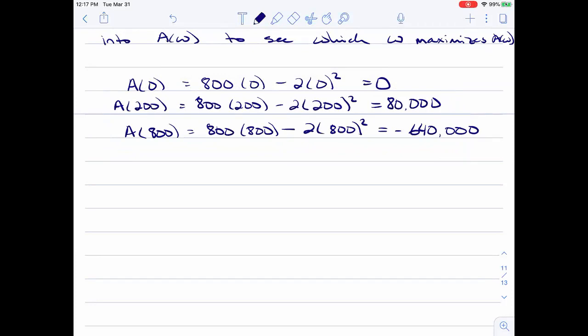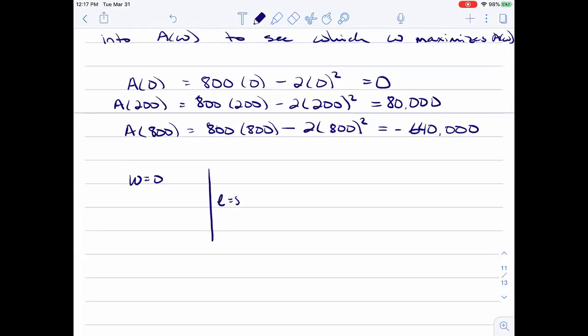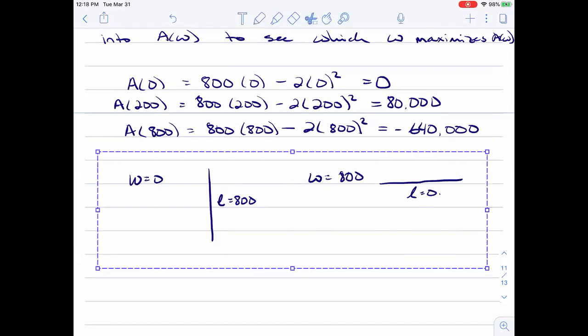Oh, whoops. What was my mistake here? When I drew out my little sketch for A of 0, W equals 0 would look like this, so the length would have to be 800. W equals 800 looks like this, so the length must be 0. That was my little flub.